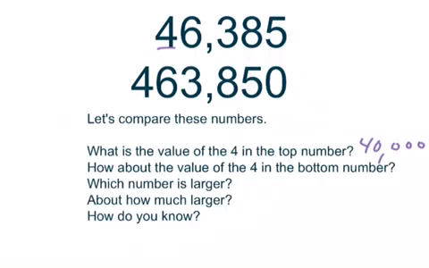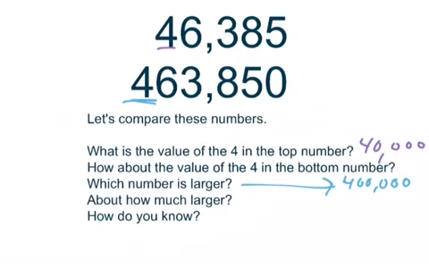The value of the 4 in the bottom number, though, is going to be 400,000. So which one is larger? The 400,000, right?